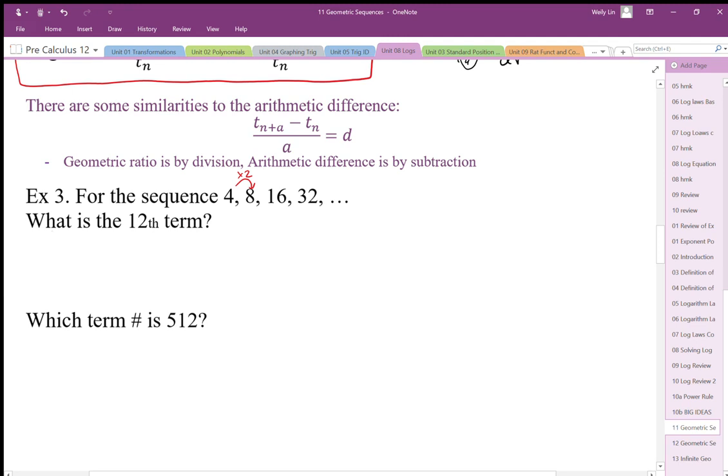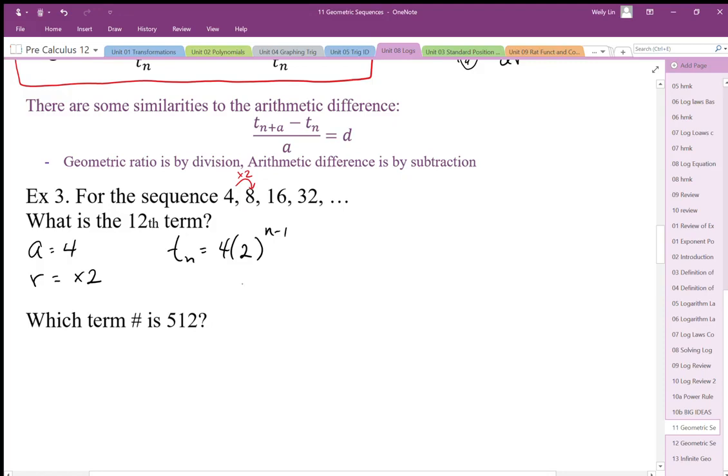So I'm going to start listing out these things. My A value, which is very important, I need some starting reference, and I need to know how it grows. R is times 2. And so if I want to write my general sequence, it's going to be 4 times 2^(n-1).